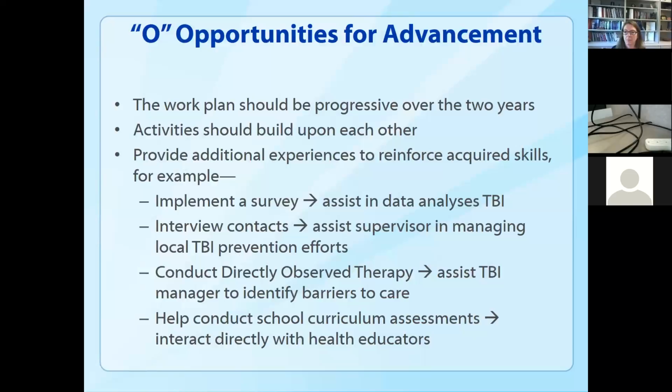Yes, those are exactly the kinds of things that would be included as part of this plan, so that the associate knows that when they're there for those 2 years, they're going to have a certain amount of classroom or lecture or web-based interactions. The Injury Center would be an excellent resource for the region to use. I'm assuming you have already developed your seminar calendar for the upcoming academic year, and if those were included as part of the training plan, that would be an awesome piece to the application.